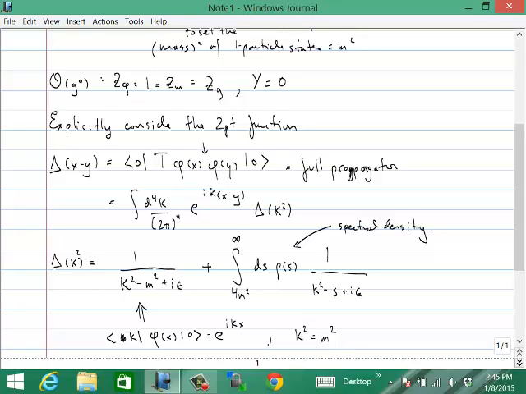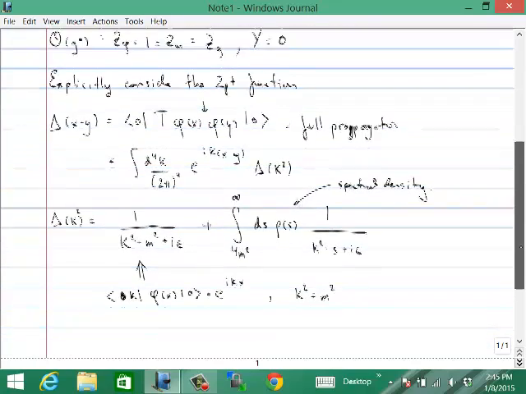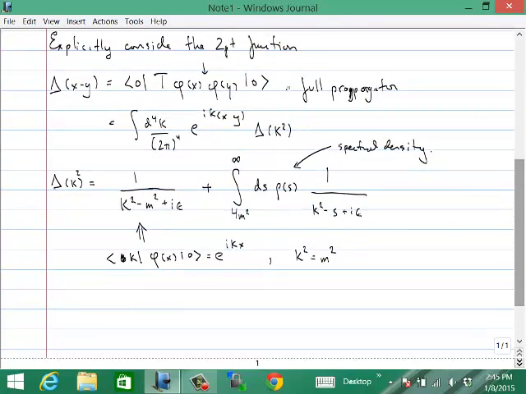So how can we rephrase those two conditions in terms of this expression for the propagator that I've written here? Well, remember that this expression right here, the leading term in the propagator, just came by inserting the one-particle states here in the two-point function.